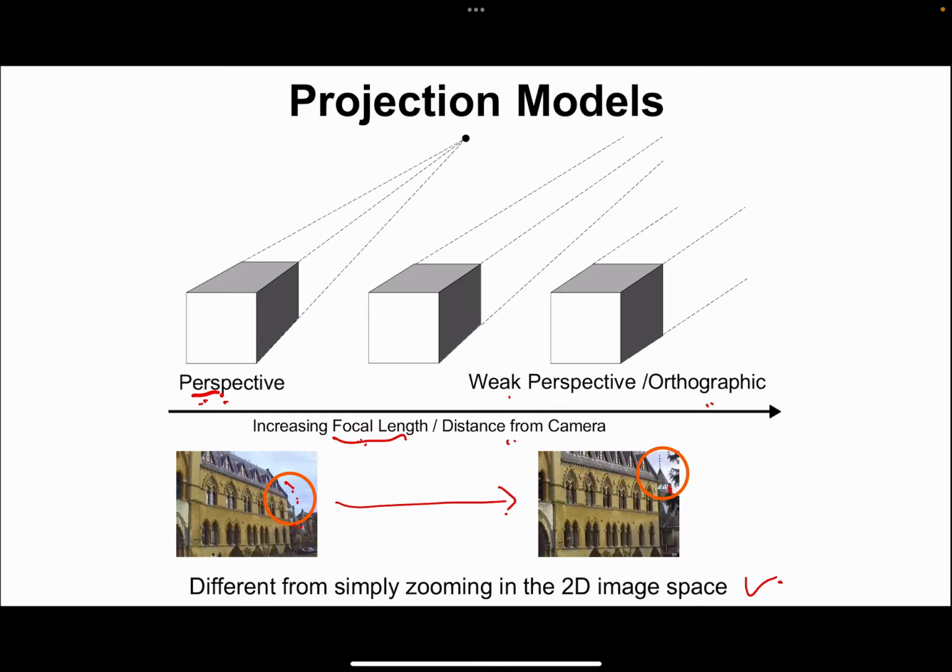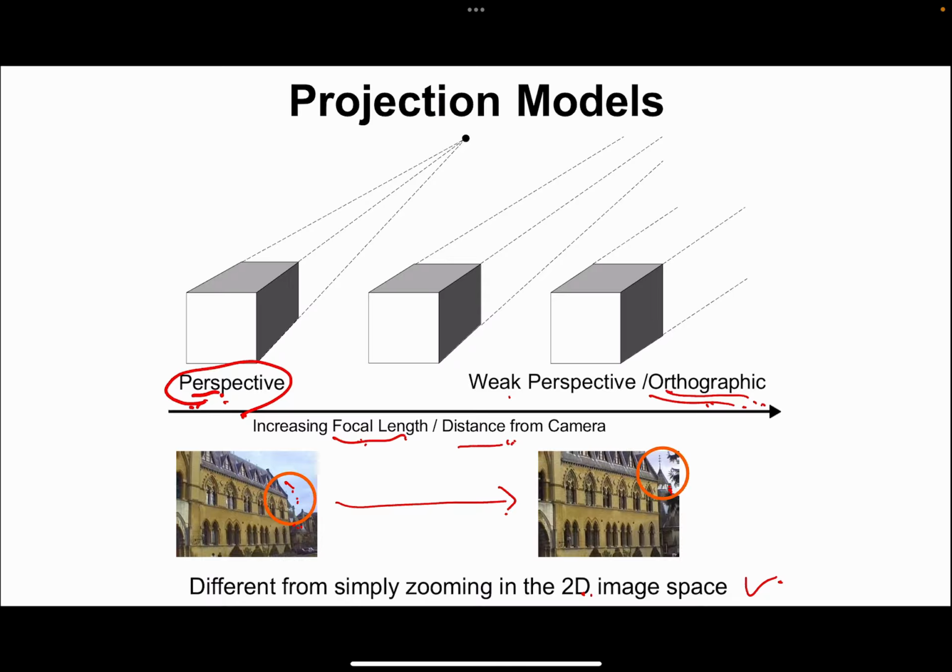If it is orthographic projection, then it is exactly the same. If it is based on orthographic projection, then simply zooming into this space or increasing focal length results in the same result. But our world, our eyes, our rendering engines, all are based on perspective projection, so simply zooming in 2D space is totally different from increasing focal length or distance from the camera.